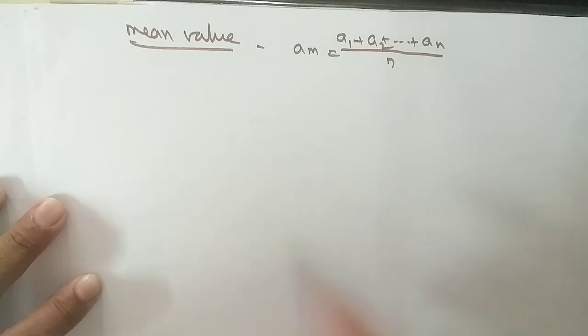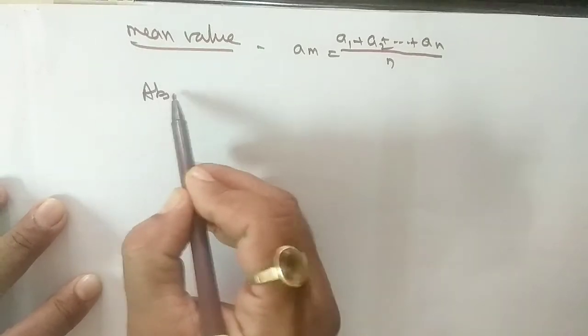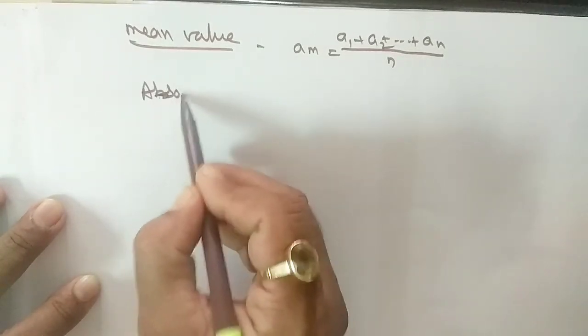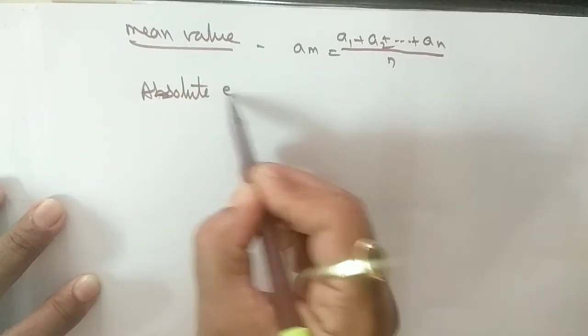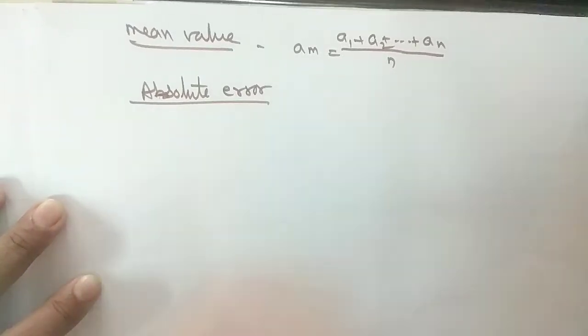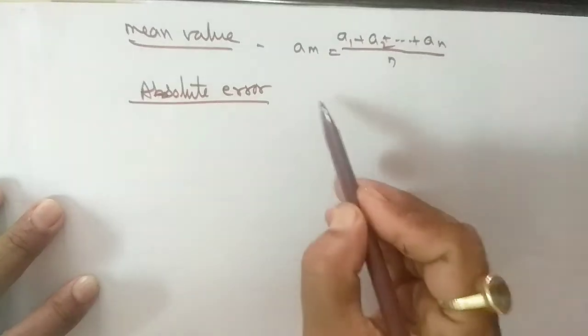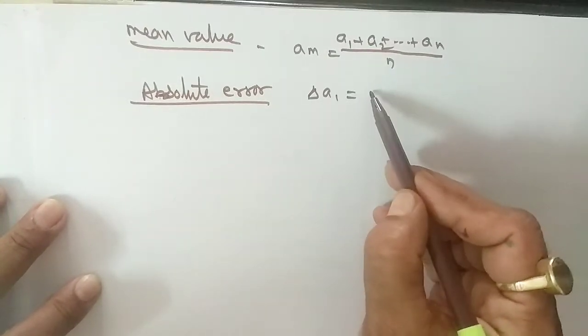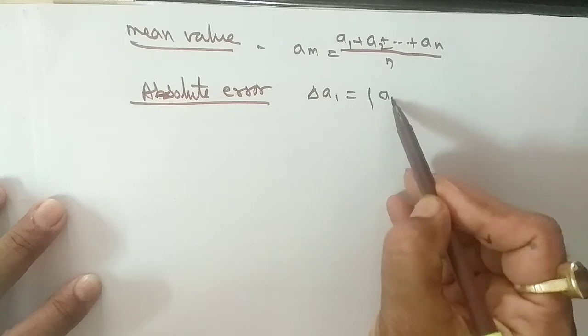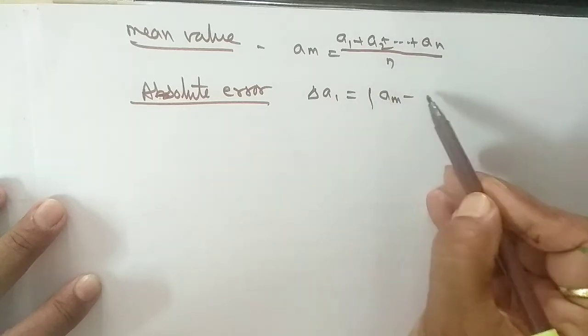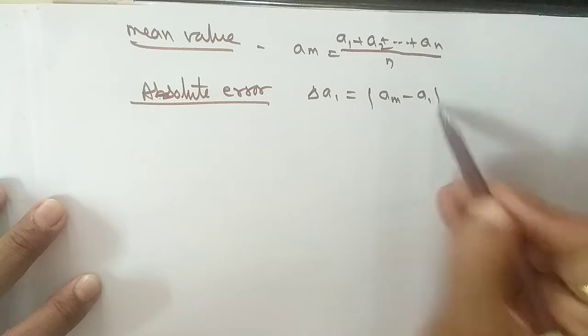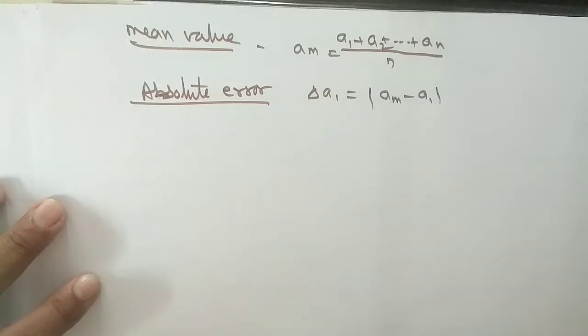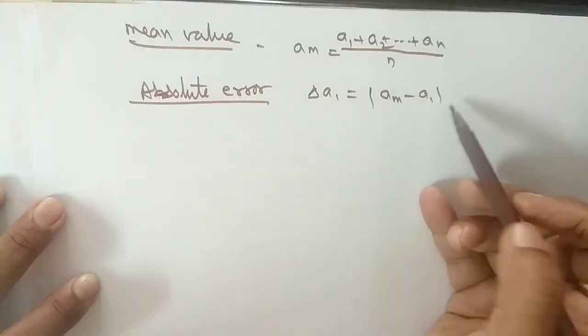Clear? Now, what is the absolute error? Absolute error for the first observation is the mod of the difference of the mean and the first reading. Mod means always positive.